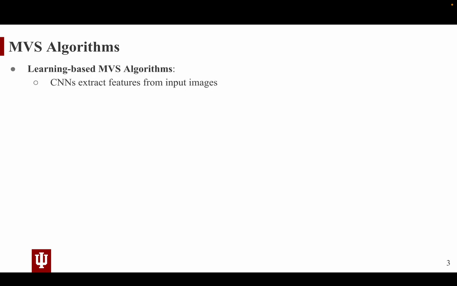Learning-based MVS algorithms typically use CNNs to extract multi-level features. Using these features, they create a matching 3D cost volume. This cost volume is then regularized using 3D CNNs to estimate the reference view depth maps.